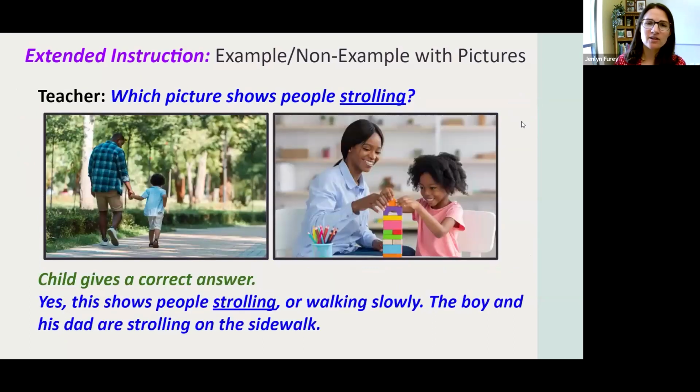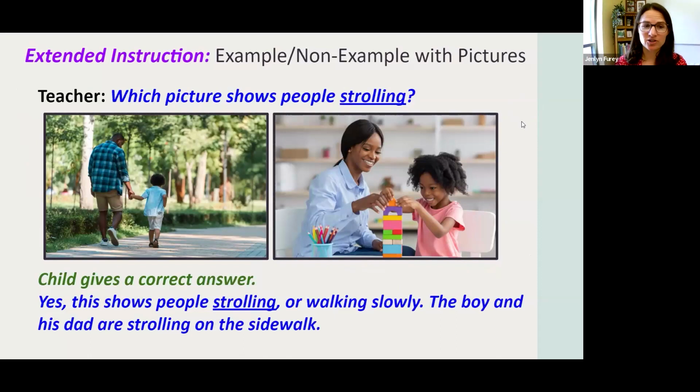Okay, here's another variation of example and non-example. So here we have two pictures. These can be either printed out or on a projector or smart board. You can just put them up. And so the teacher will say, what picture shows people strolling? If they give the correct answer, then feedback might look like this.